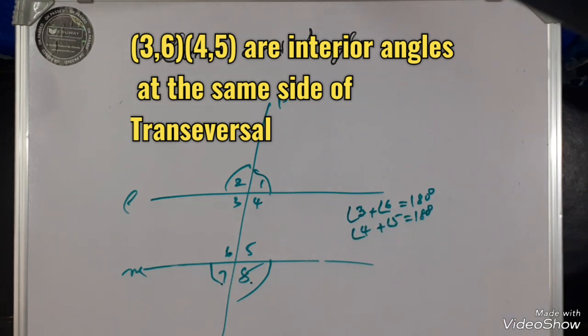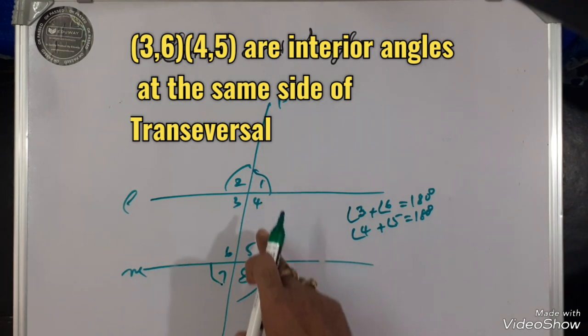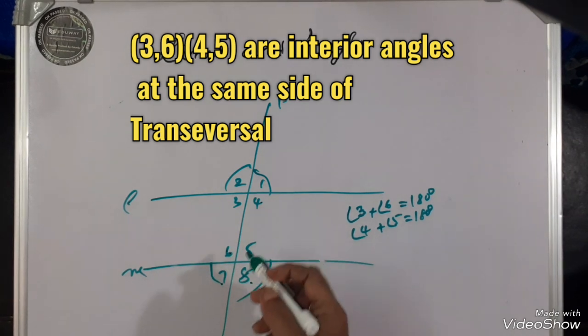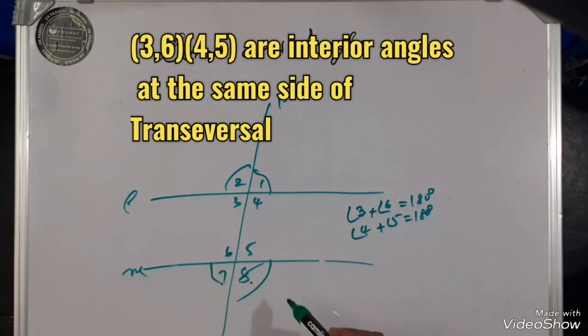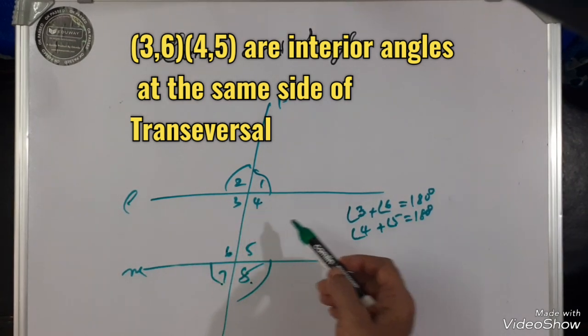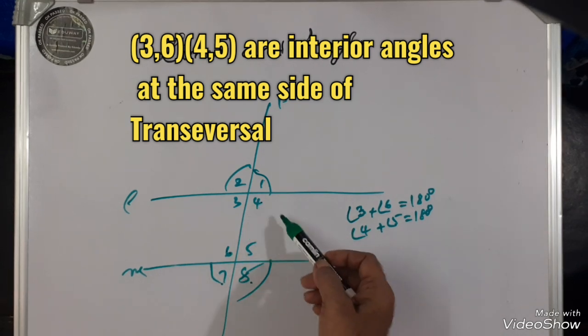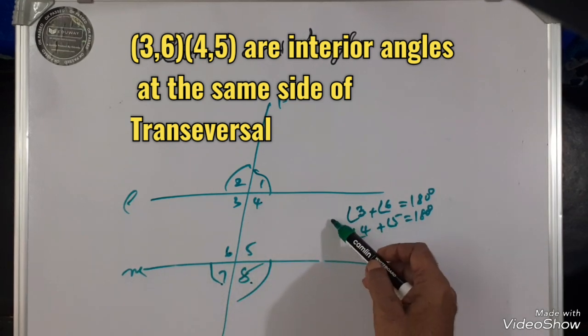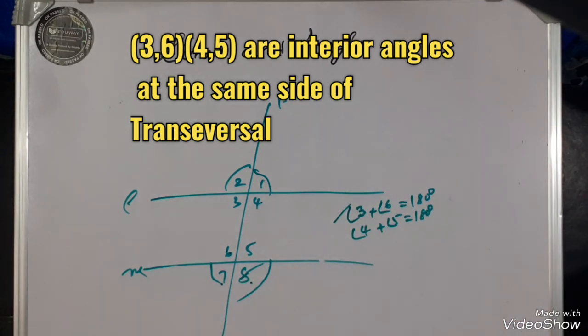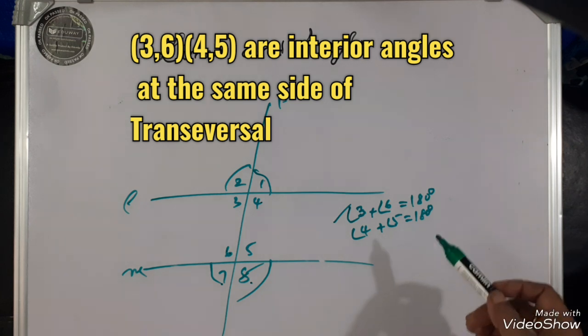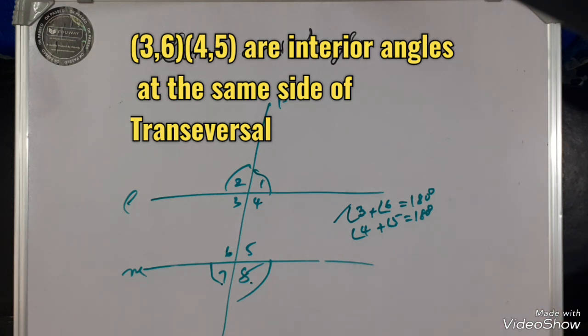So remember this property also: the sum of two interior angles on the same side of the transversal, 4 and 5 interior, 3 and 6 interior, is always 180 degrees, or supplementary. Supplementary means 180. Is it?